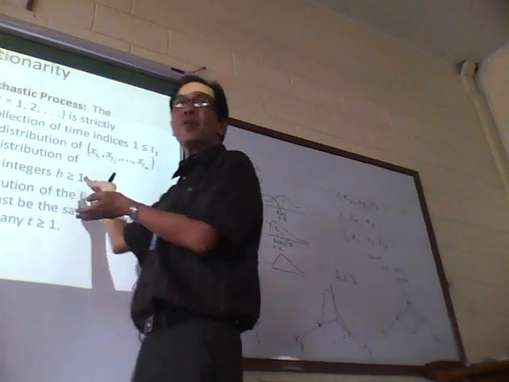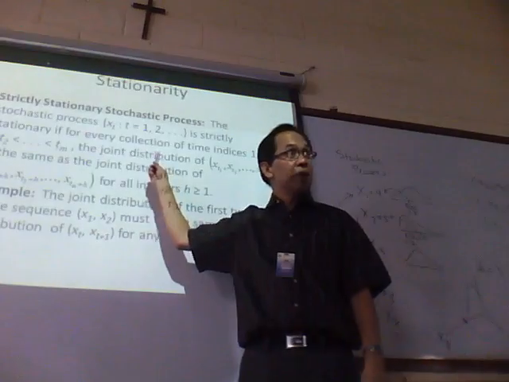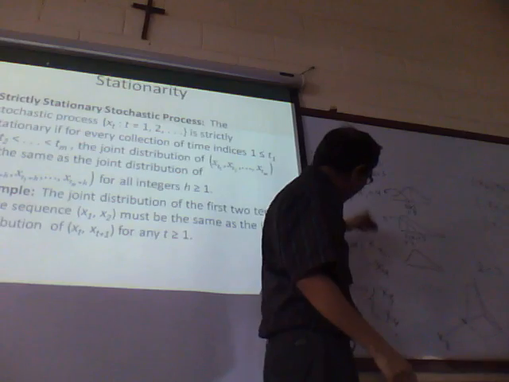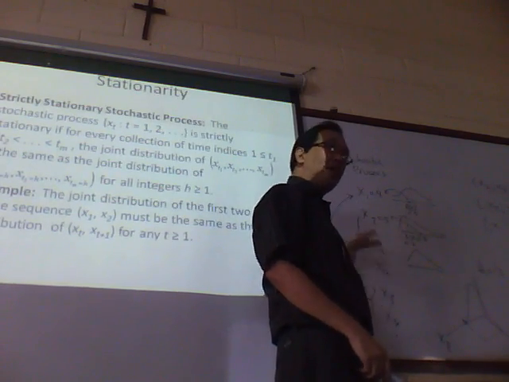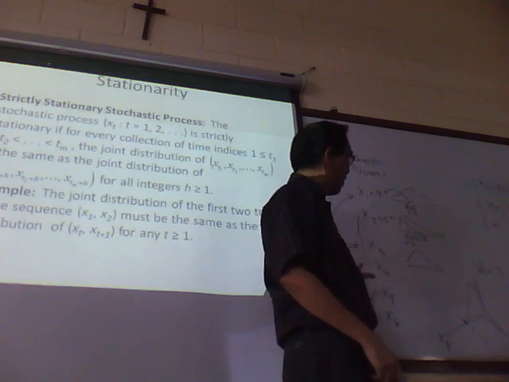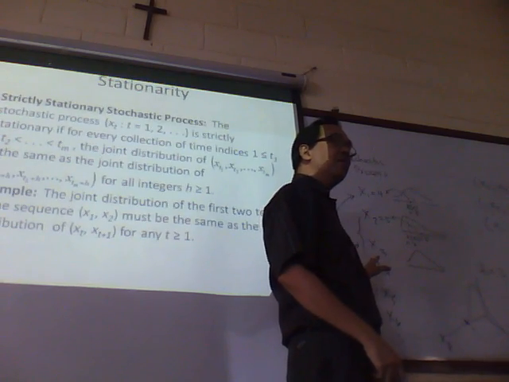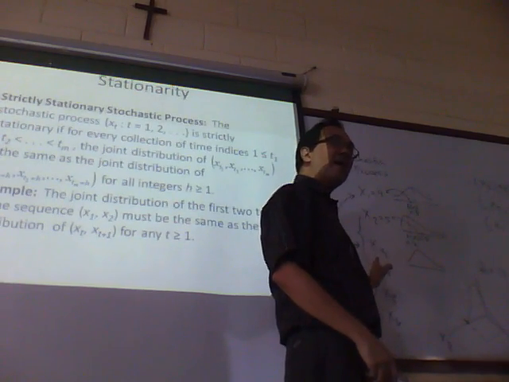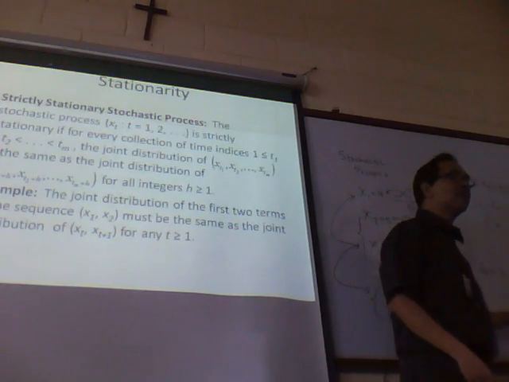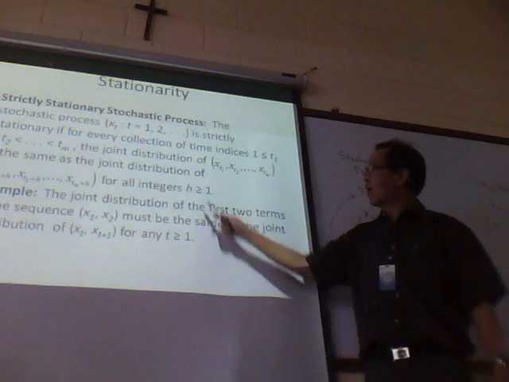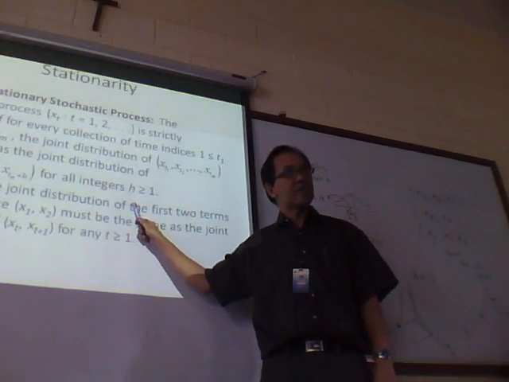Why? Well, first of all, think about it. It says every collection, which means you have to try every combination. And how many are they? So many combinations. And then for each of the combinations, you have to verify whether the shape of the distribution is preserved for every h: plus 2, plus 3, plus 4, plus 5, plus 6.